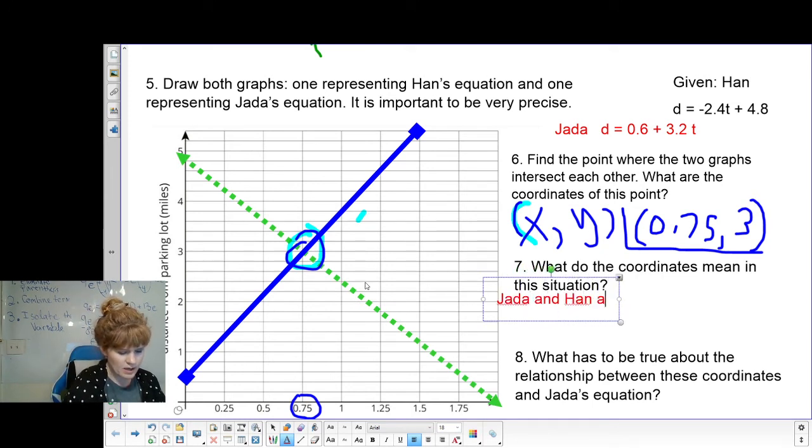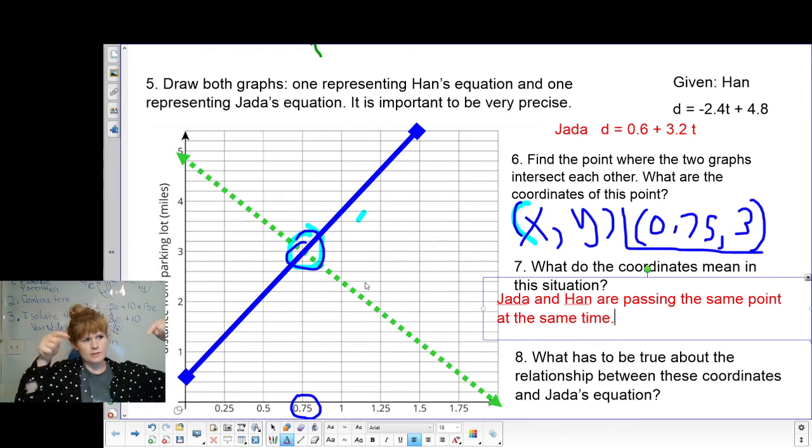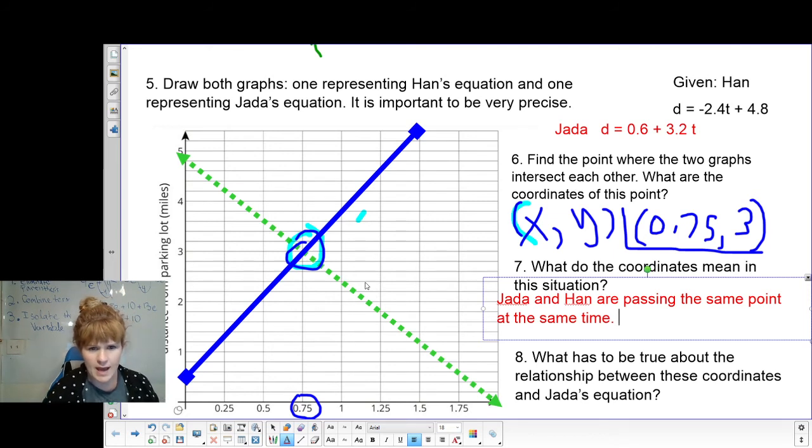Jada and Han are passing the same point at the same time. They meet for just a second, and they pass. And that is at time equals 0.75 hours, which is 45 minutes.